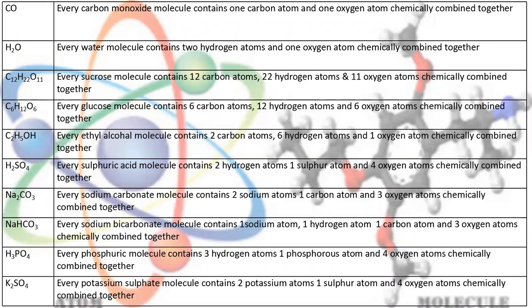First of all, on your screen, number 1, CO. This is carbon monoxide. I am repeating one by one. Every carbon monoxide molecule contains 1 carbon atom and 1 oxygen atom chemically combined together. Clear? Number 2, H2O.